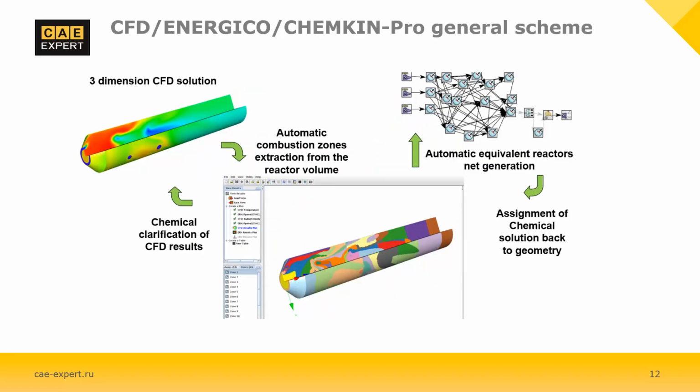While CHEMKIN-Pro carries out simulations in its own shell, Energico can provide this software a connection with external CFD processors like Ansys Fluent. Energico asks for several input parameters that are specified during CFD data file export.